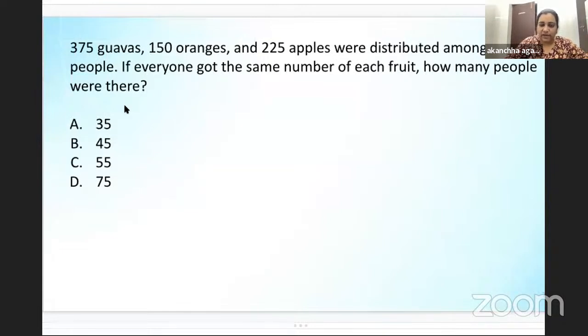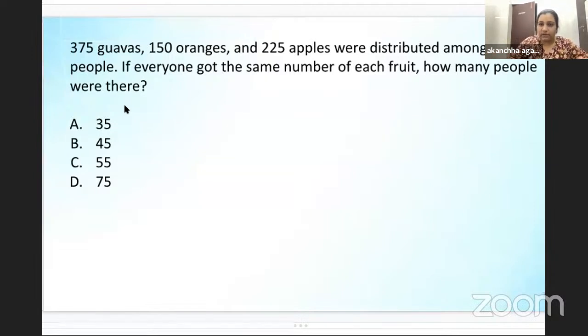The easiest way to think about this is that everyone got exactly the same amount of each item as any other one, right? Now, if we find the LCM, the answer will be greater than 375. We know that the LCM of any three numbers will be greater than the greatest number.